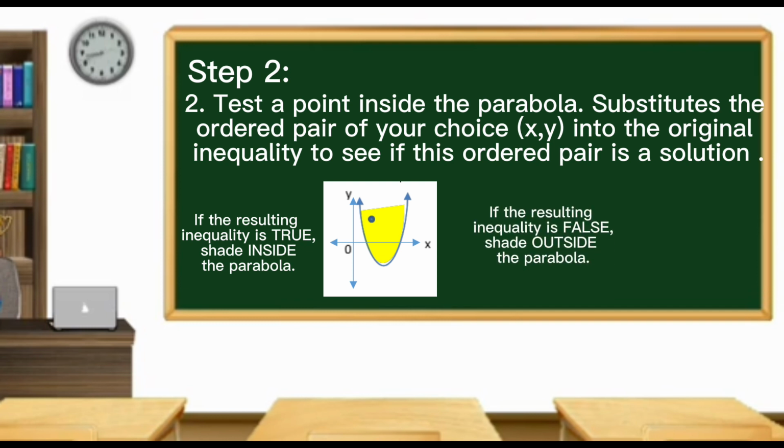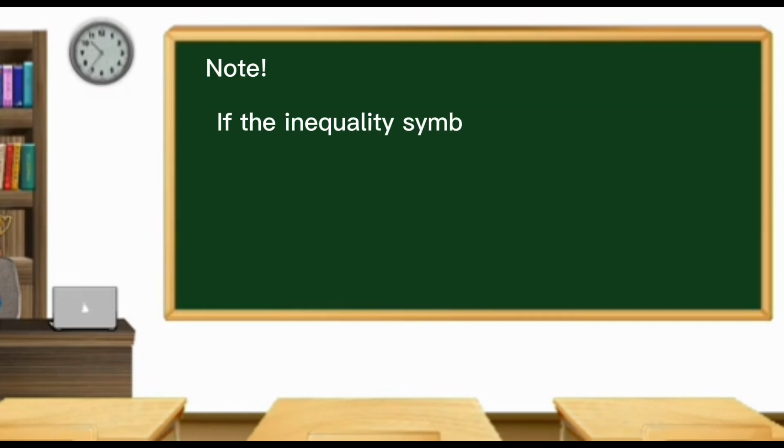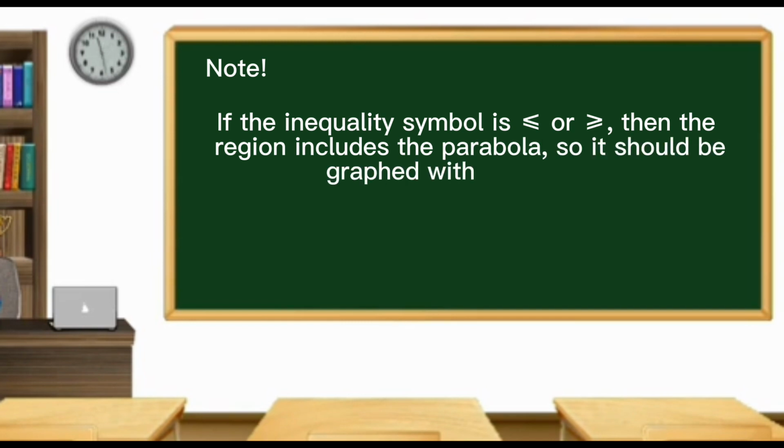If the resulting inequality is false, shade outside your parabola. If the inequality symbol is less than or equal to or greater than or equal to, then the region includes the parabola, so it should be graphed with a solid line.